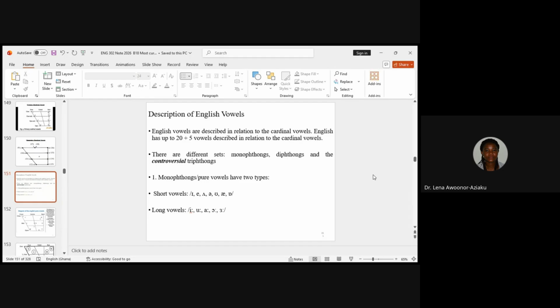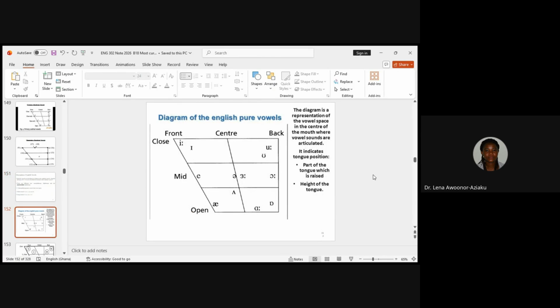But there is a group which is contested, called triphthongs. So you can say English has 20 vowels plus 5 triphthongs that are contested. These are English vowels with the diagrams.